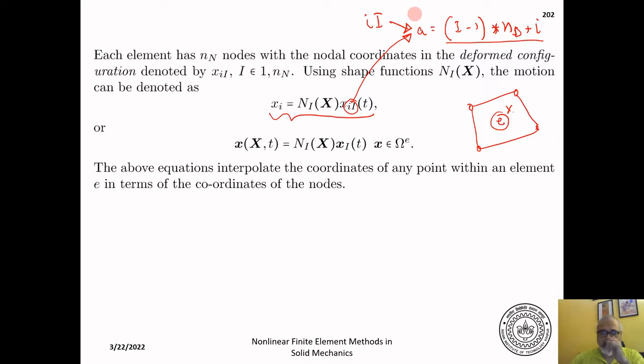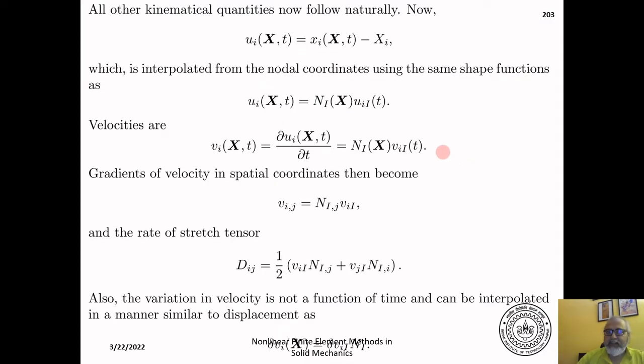We have done this before, so I'll not explain it any further. So now you have xi. You can go ahead and formulate the other quantities. So ui, the displacement, is xi minus capital Xi, being the initial coordinate, and in isoparametric formulation, we use the same shape functions to interpolate ui.